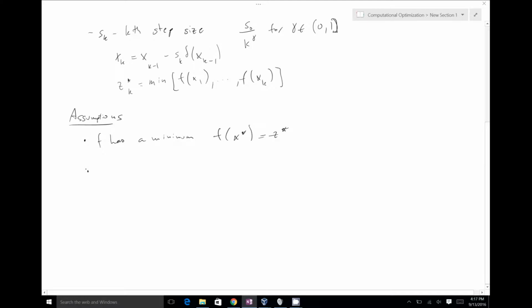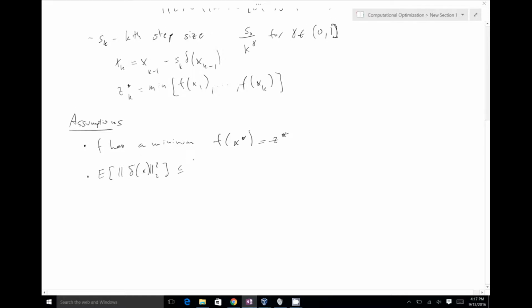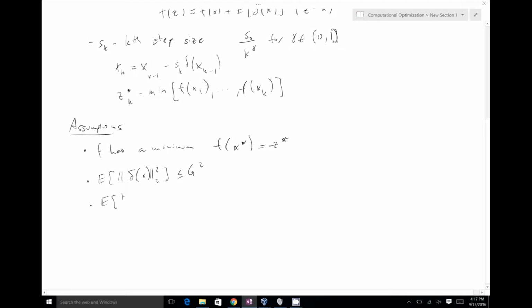Another is that the expectation of the subgradient's norm is bounded above by G. And another was that we don't start too far away from the optimal point.